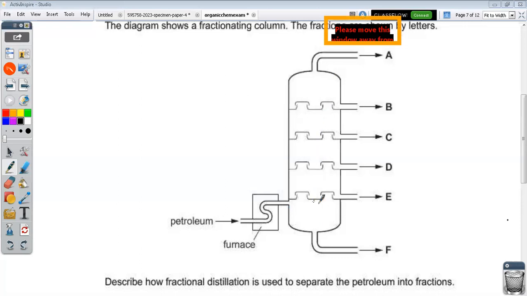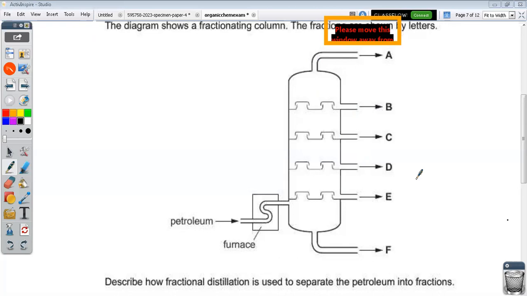Then the ones that are heavy with high boiling points go to the bottom. Clear? Then as they are cooled down, the fractions condense. Clear? And they are collected, but they are collected due to different boiling points. I hope it makes sense now.